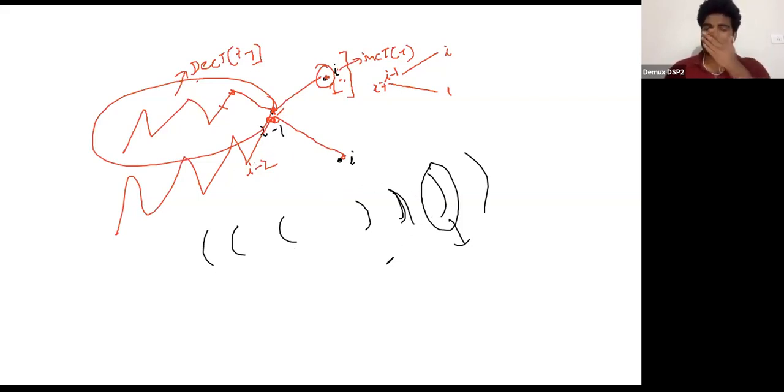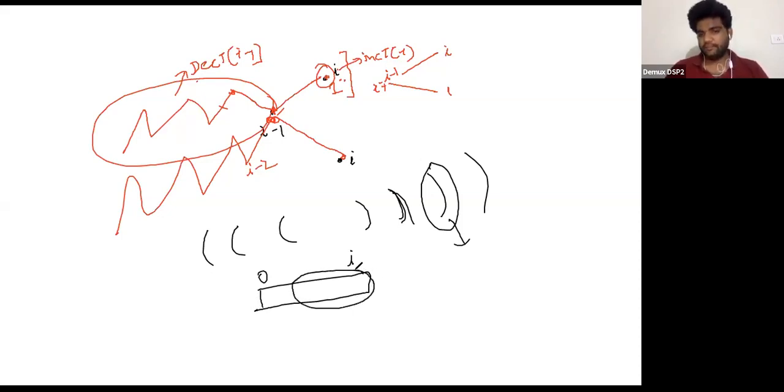Now the problem is, for 0 to I, you have to find the longest valid parenthesis substring ending at I, right? So what are the cases here? You have two cases. If A[i] is an opening parenthesis, then the longest valid parenthesis substring ending at I will be 0, right?